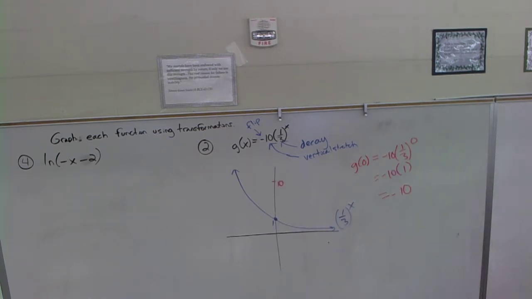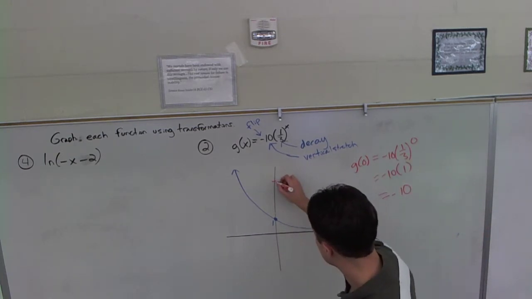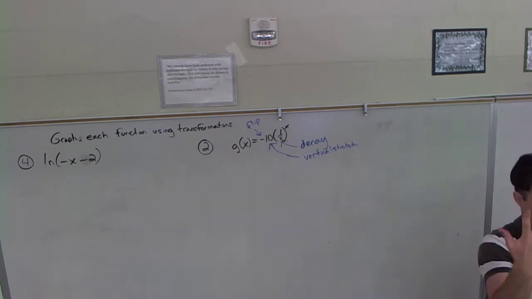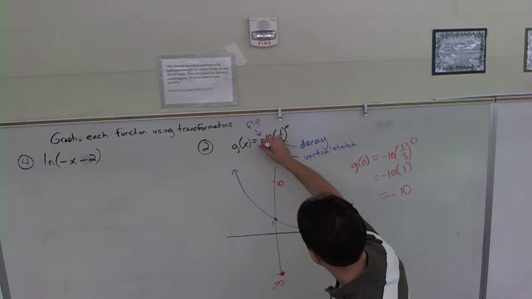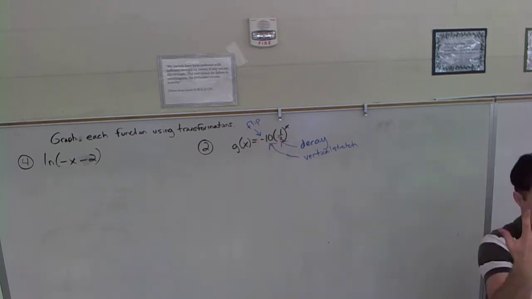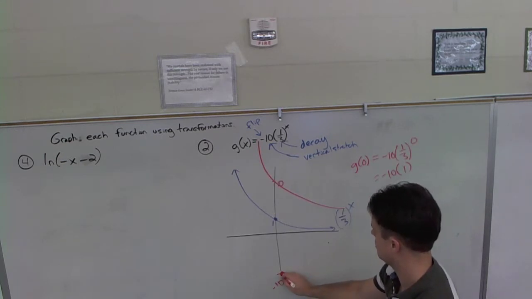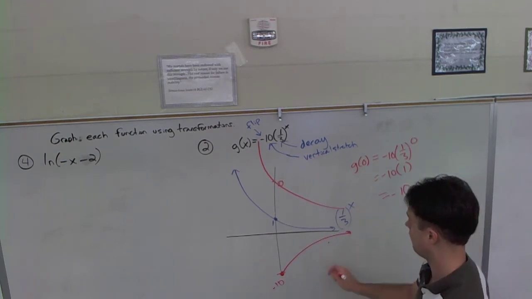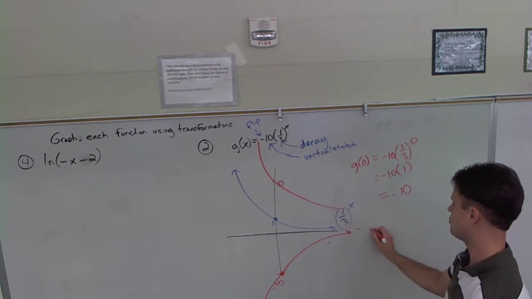Why? Because what's that negative do? It's going to flip it down. So instead of being up here, it's going to be down here at -10. Let's imagine this shape. It would be like this, flipped down, kind of like that. I should say my asymptote is still at 0.